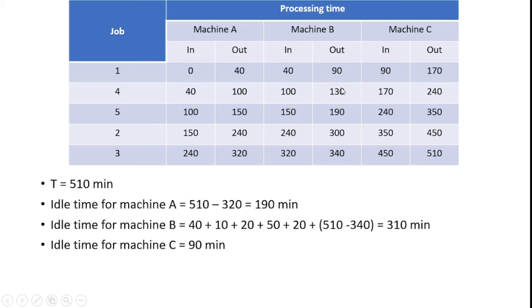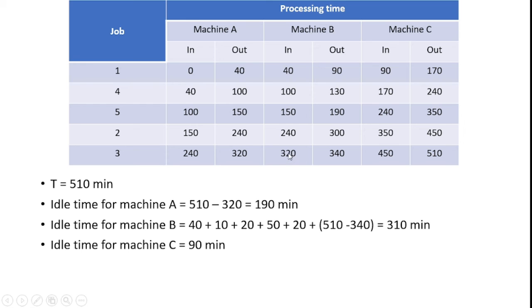After that, job 4 is completed on machine B at 130. Job 5 completes on machine A at 150, so 150 is the input time for machine B. Now I subtract 150 minus 130, I get 20, and then 240 minus 190, I get 50.